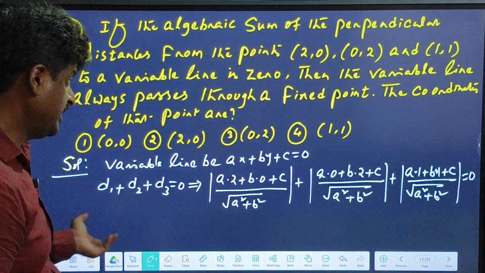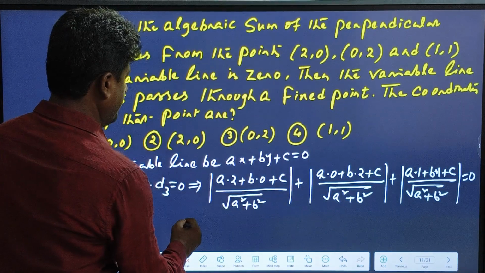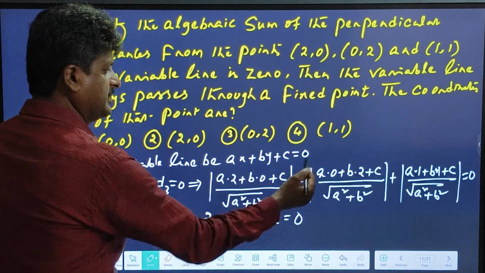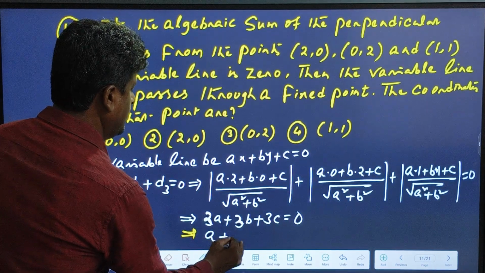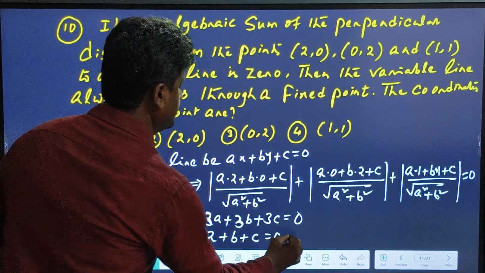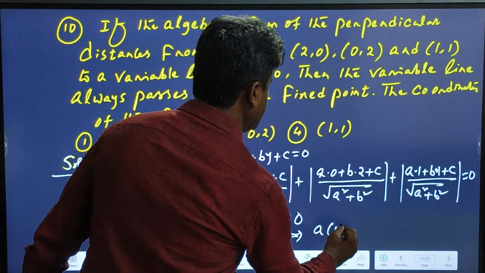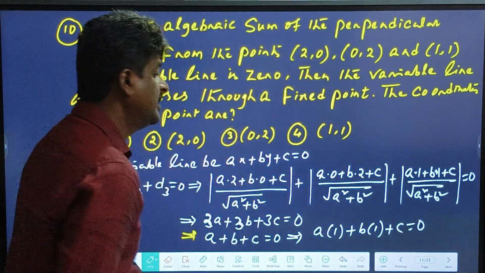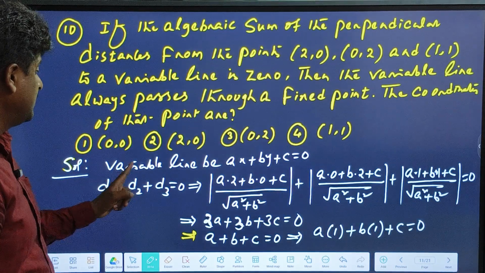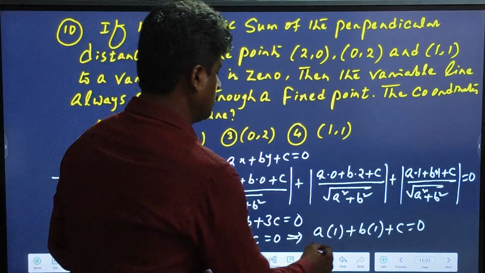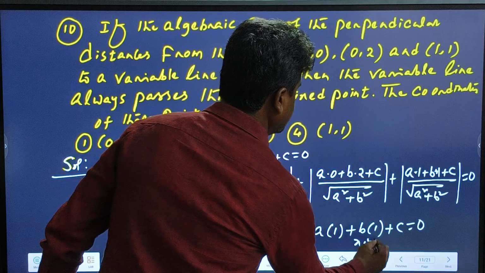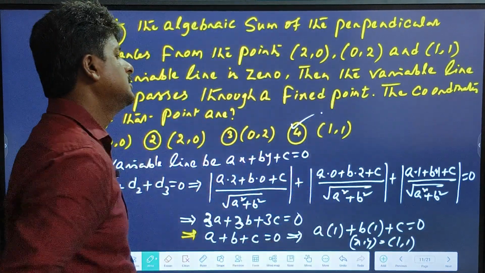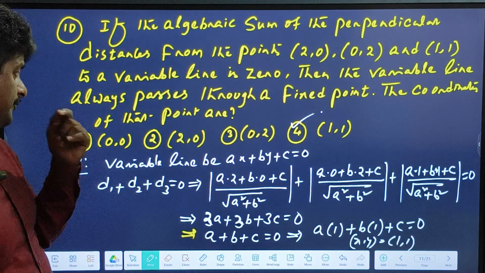The denominators being the same, we get 3a plus 3b plus 3c is equal to 0. So a plus b plus c is equal to 0, which can be written as a into 1 plus b into 1 plus c is equal to 0. It looks like ax plus by plus c is equal to 0, where the point (x, y) is (1, 1). So the answer is the fourth option.